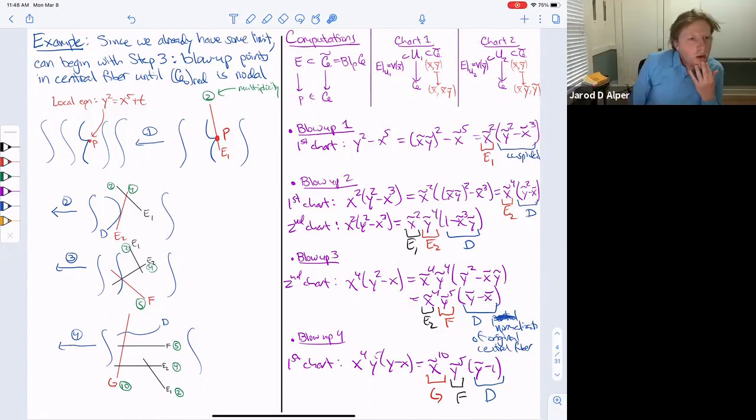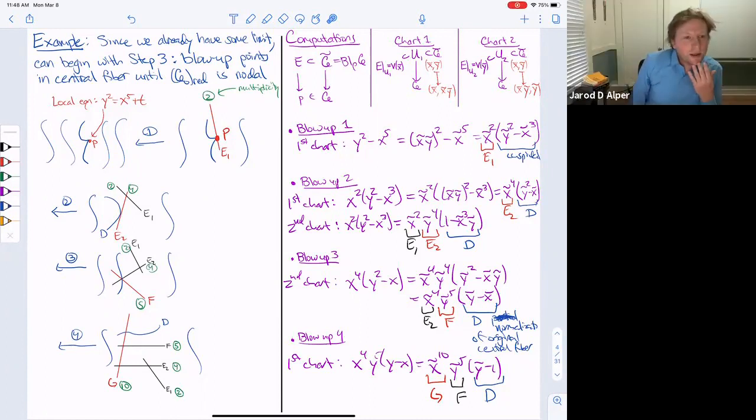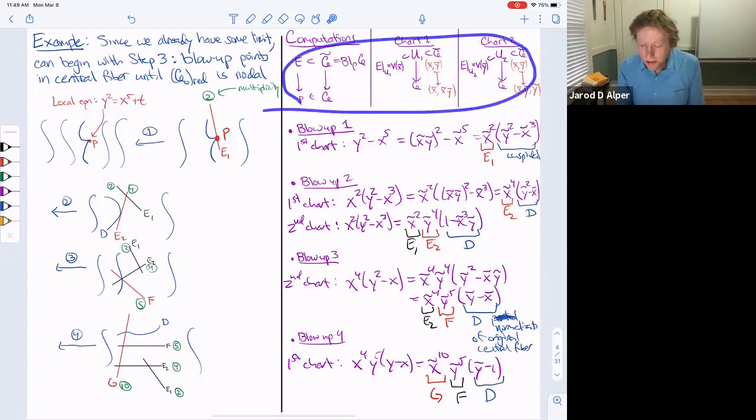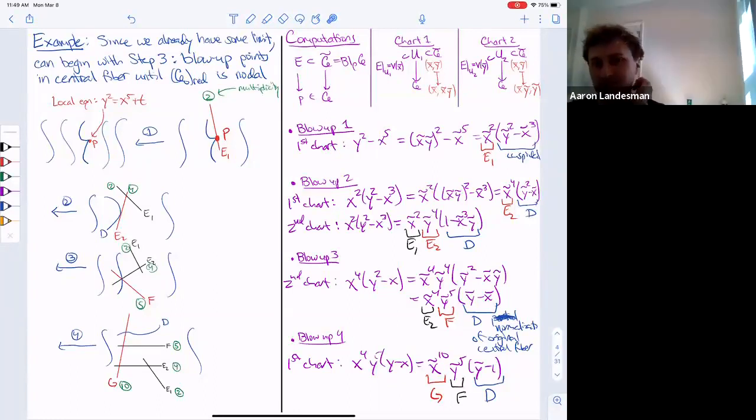Usually you have to blow up the whole surface, but somehow you've set t to 0 in these computations.
Yeah, I guess that's right. The coordinates I'm working with work globally, but when t is 0, you get the equation of just the central fiber. I'm just computing that pre-image. I guess I don't have a good answer for you.